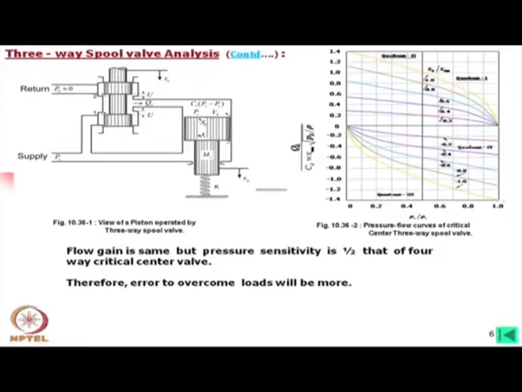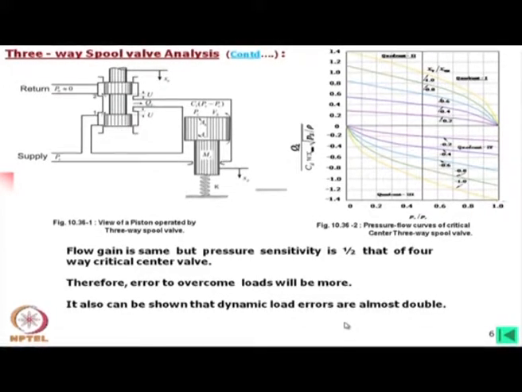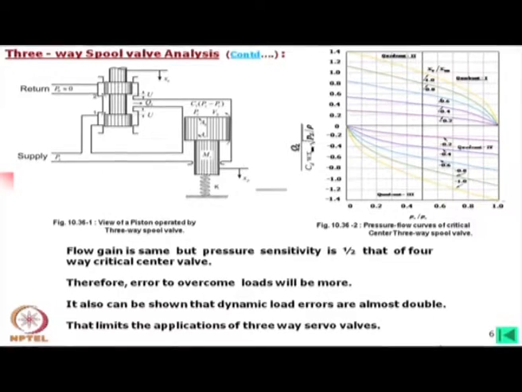That means, to rectify such error we need a much stronger, better controller than the four-way valve. It also can be shown that the dynamic load errors are almost double, due to this factor that limits the application of the three-way servo valve.